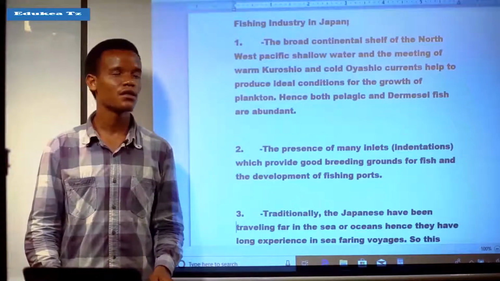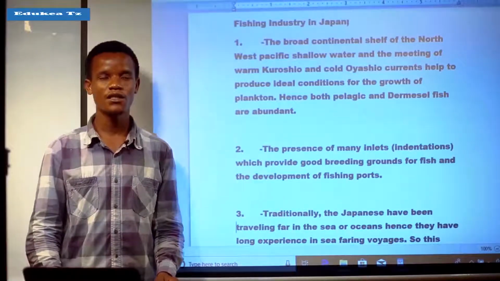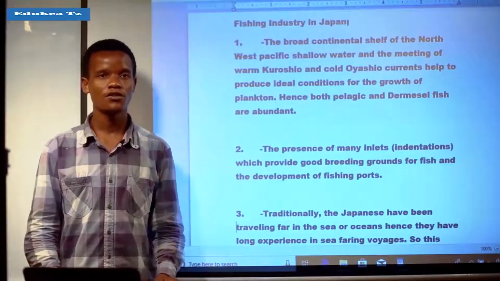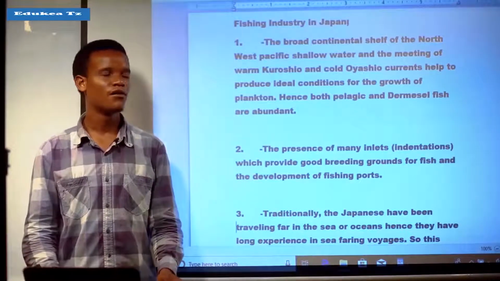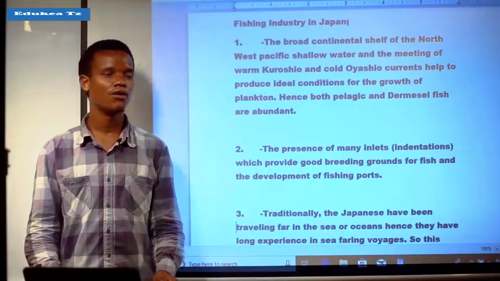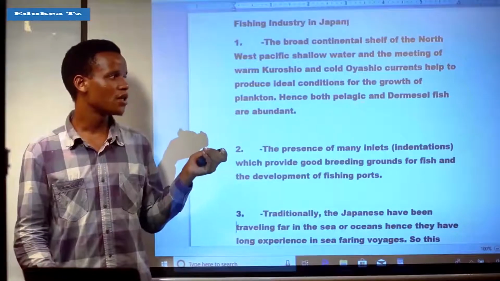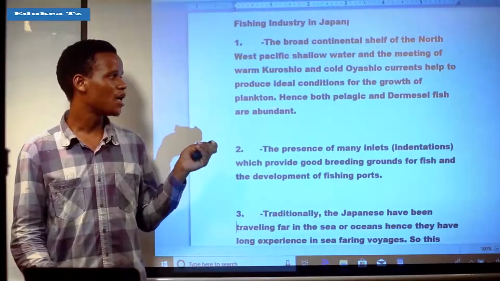As we said, the continental shelf allows the penetration of sunlight, and if there is sunlight penetration, there is automatically a high rate of plankton production, and plankton acts as a source of food for fishes, and hence both pelagic and demersal fish are abundant.